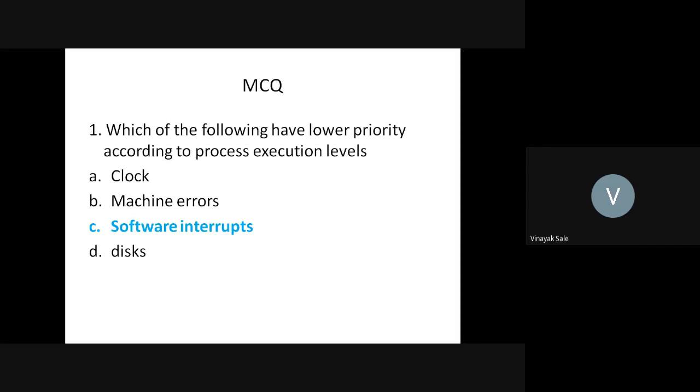Then the second question: which of the following has higher priority according to the process execution level? Clock, machine errors, software interrupts, disk.